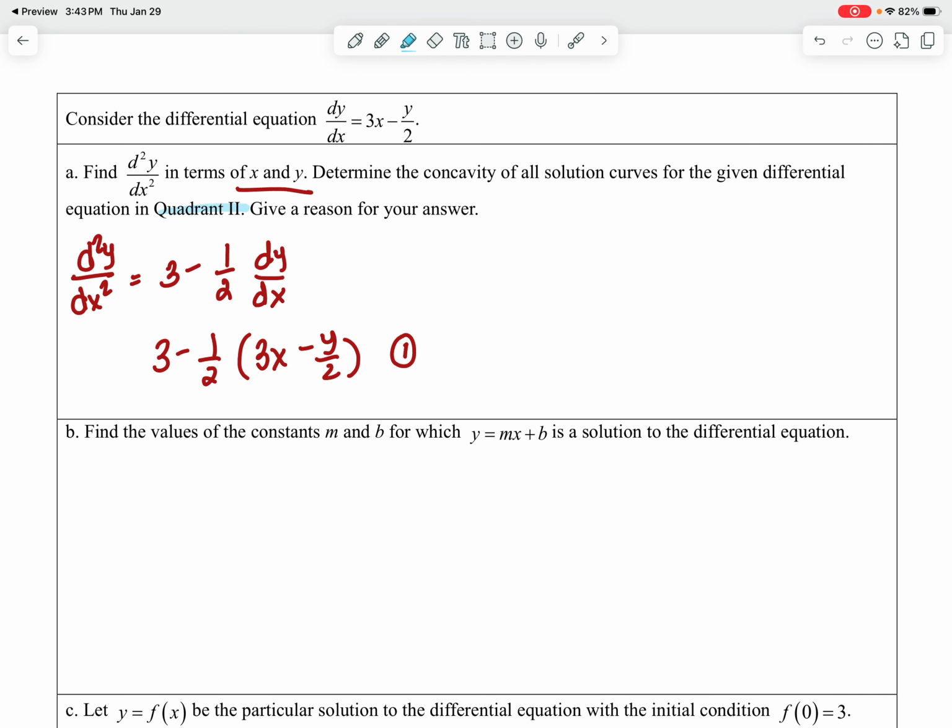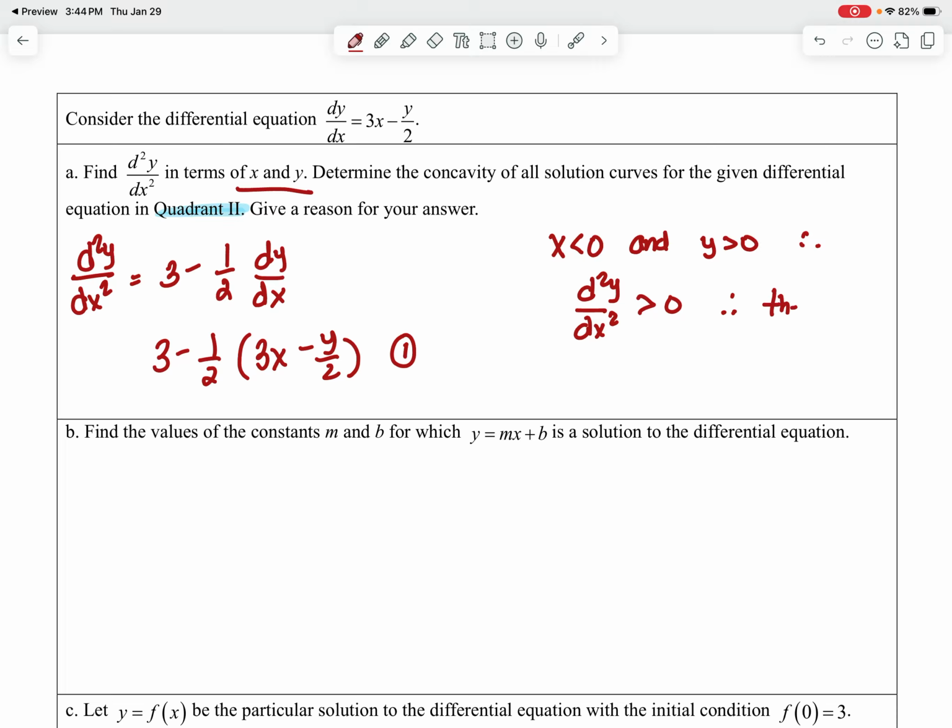They gave us that it's in quadrant 2. Well, if we're in quadrant 2, then x is less than 0 and y is greater than 0. Therefore, the second derivative is always positive.